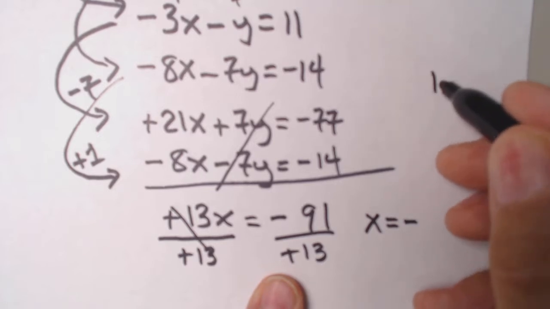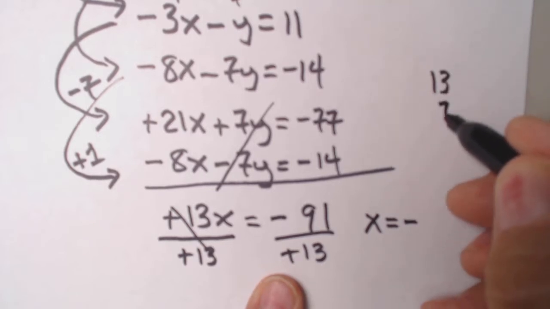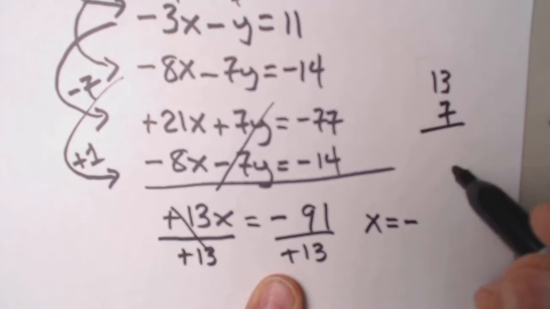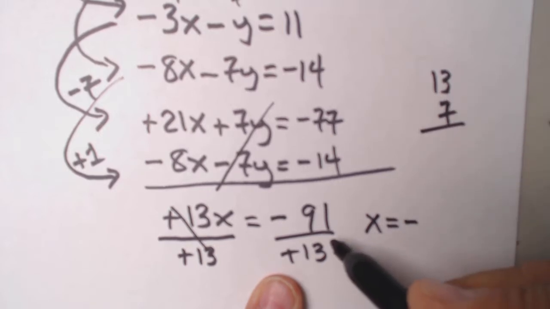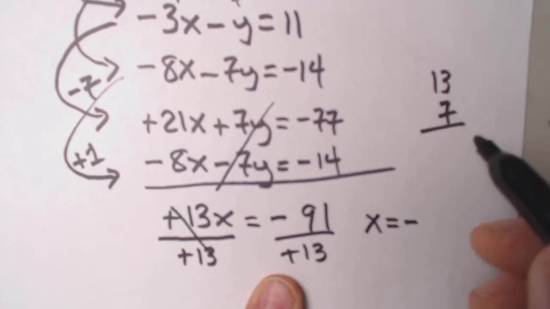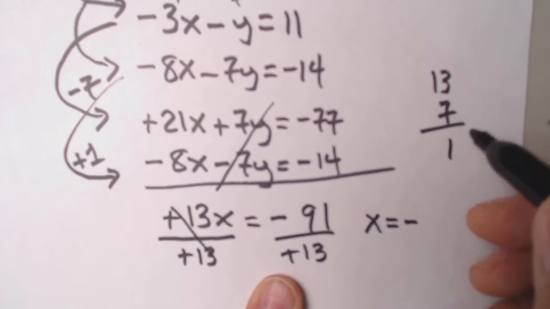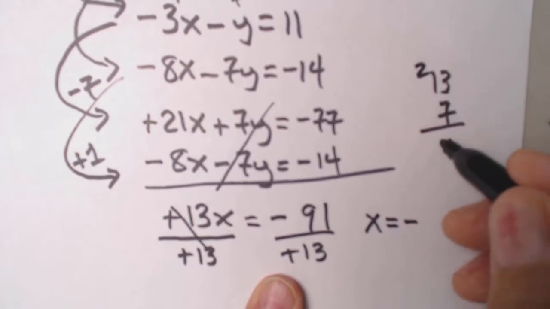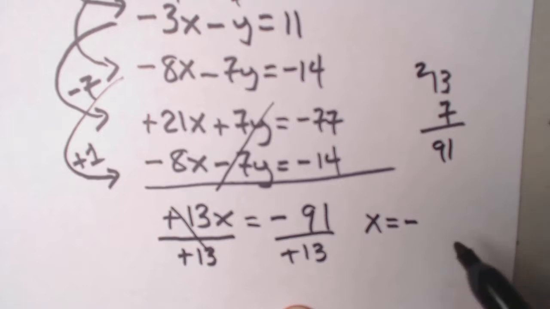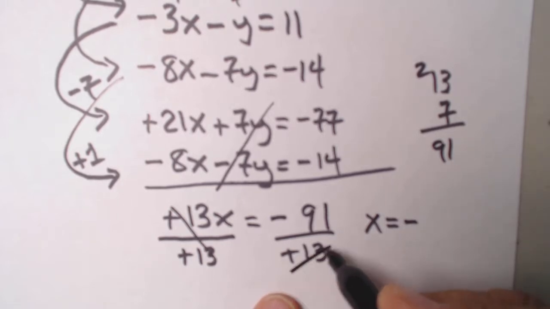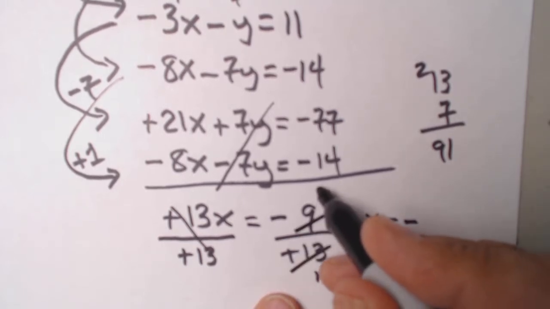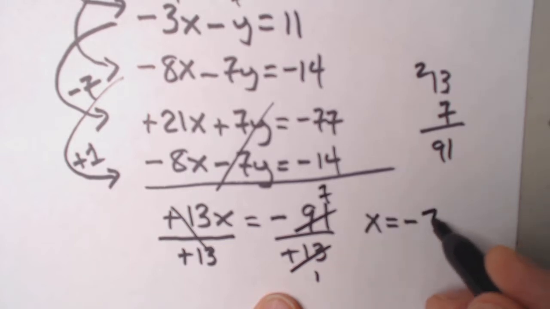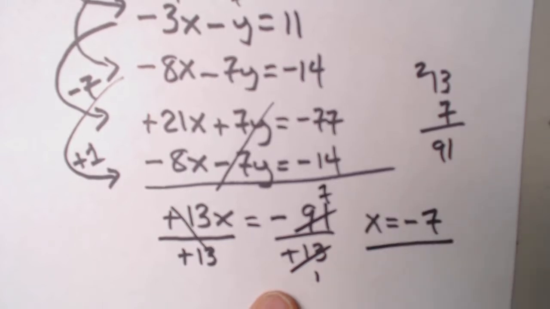Let's just double check this. 13 times 7. The reason I was guessing 7 is 3 times 7 gives me 21, and there's a 1 here. So 3 times 7, 21, carry the 2. So yep, that's it, 91. So 13 goes once here, into 91 it goes 7 times. So x equals negative 7.